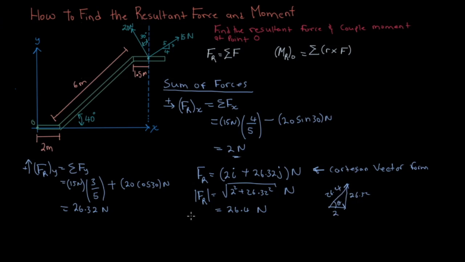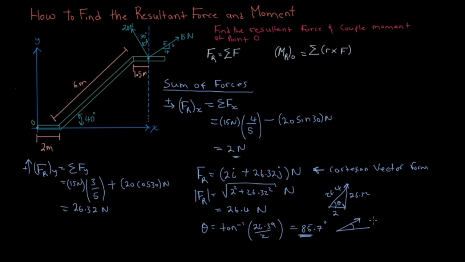So theta is equal to arctan of 26.39 over 2, and we get 85.7 degrees. When we write our angle, we're also going to indicate which angle it is. So we're going to write it like this.